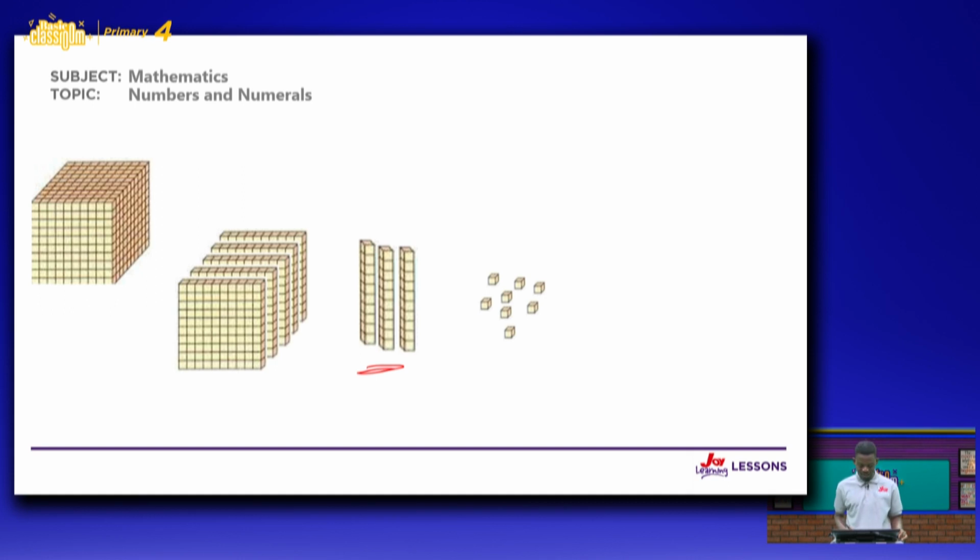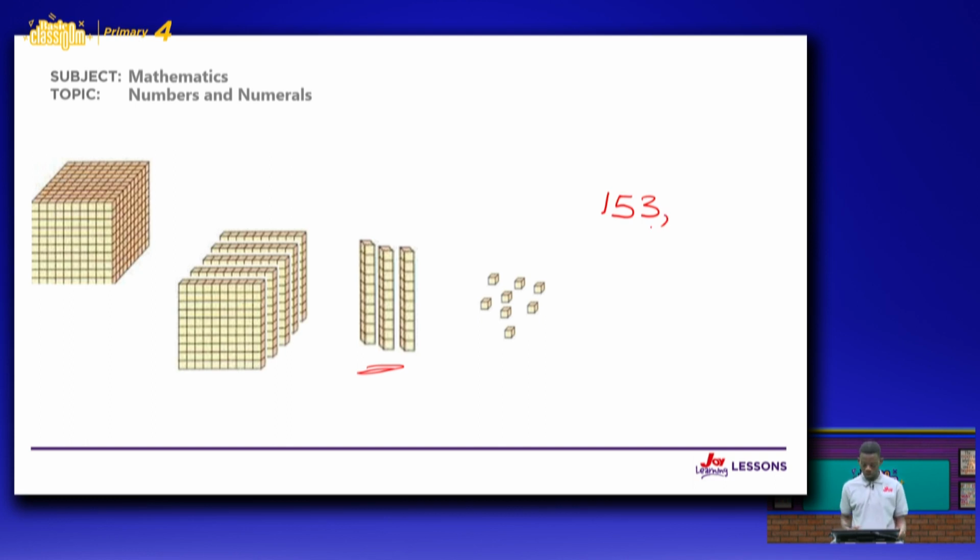Let us write and see. So we have 1 of the block. Then we have 1, 2, 3, 4, 5 of our flats. Then we have 3 of our longs, which is 100,000, 50,000, and 3,000. Good.